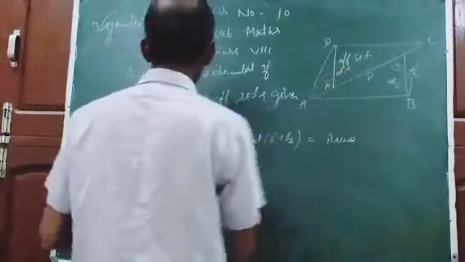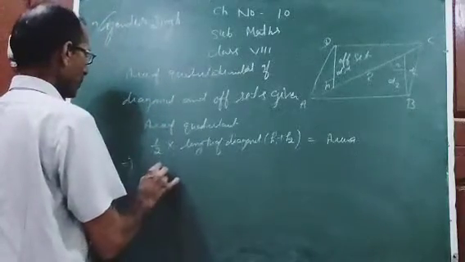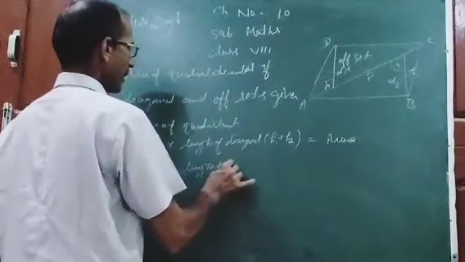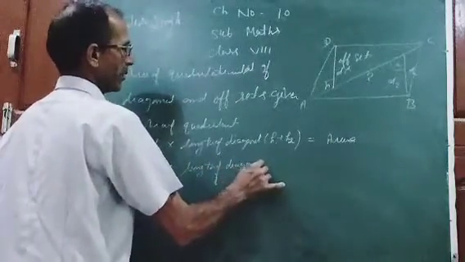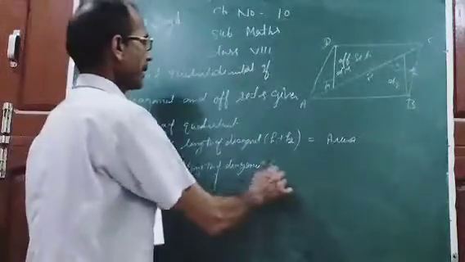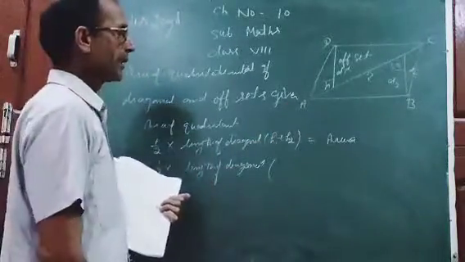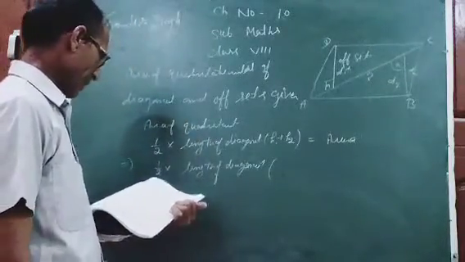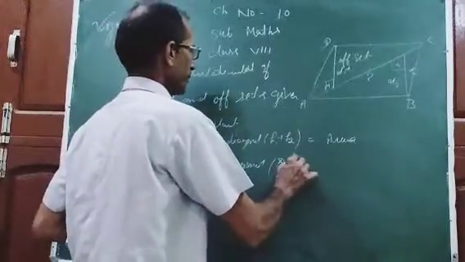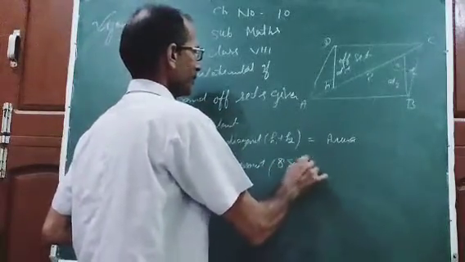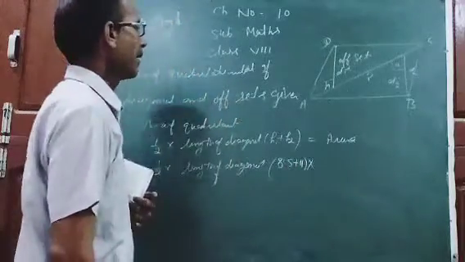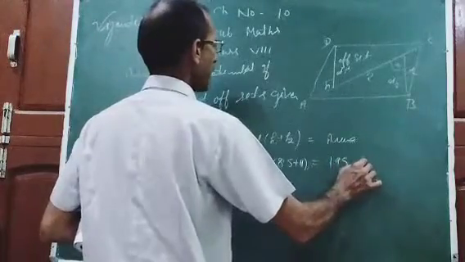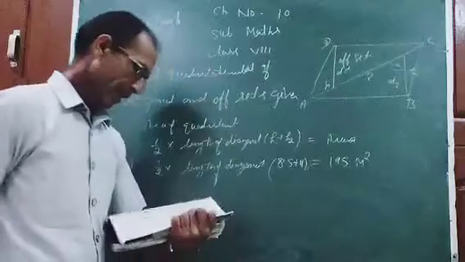So I am writing 1 by 2 length of diagonal into the sum of offsets, 8.5 plus 11, is equal to the area. Area is given, 195 square meter.